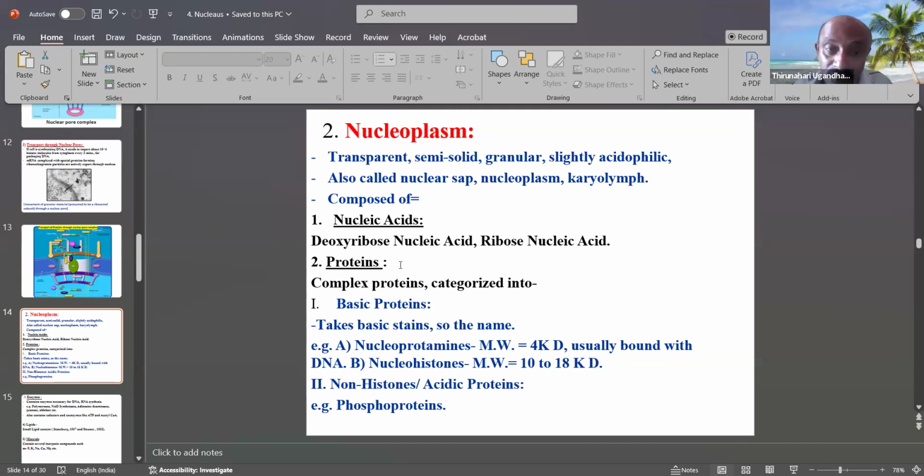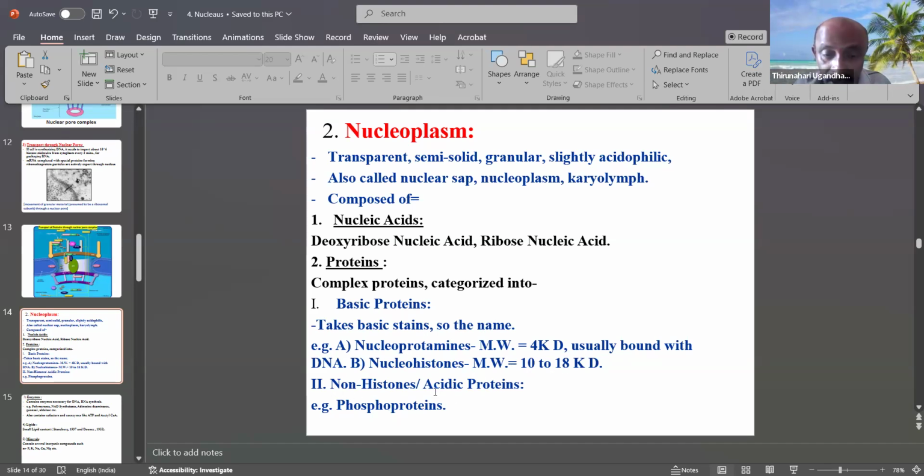Another type of component inside the nucleoplasm is proteins, which are categorized into several types. The basic proteins take basic stains, for example nucleoprotamines, and nucleohistones, with a molecular weight of 10 to 18 kilodaltons.